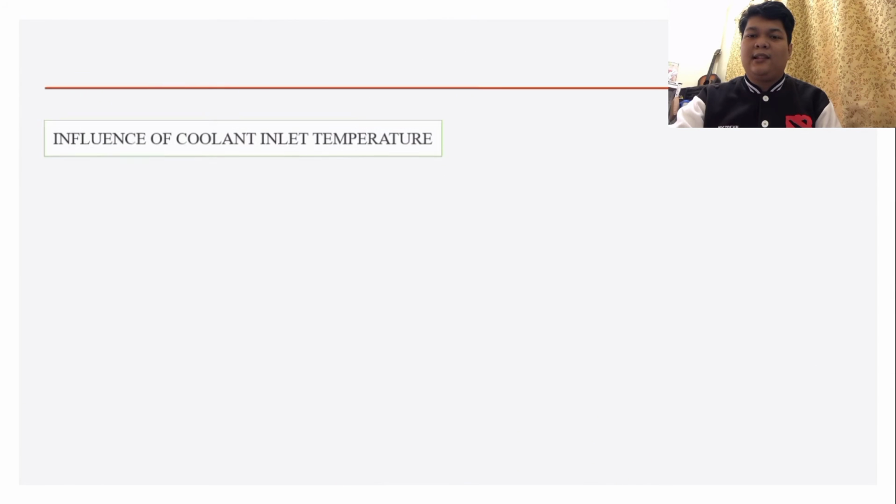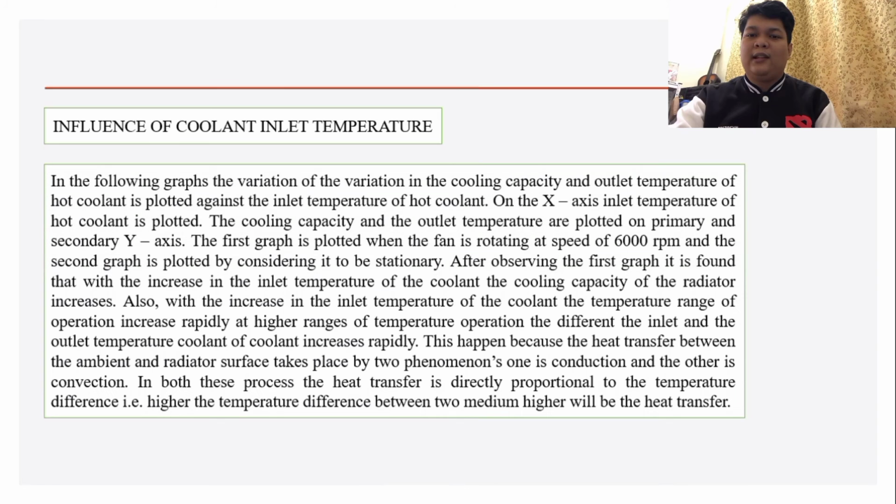The second one is the influence of coolant inlet temperature. In the following graph, the variation in the cooling capacity and outlet temperature of hot coolant is plotted against the inlet temperature of hot coolant. On the x-axis, the inlet temperature of hot coolant is plotted.